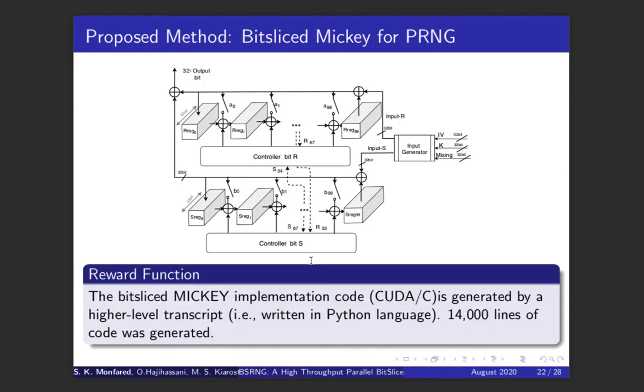So what we did in this work, we utilized the BitSlice representation for multiple block ciphers and stream ciphers, like the Mickey stream cipher that we have talked about. The implementation of BitSlice for Mickey and other stream or block ciphers is really hard, because there are controls and conditions.